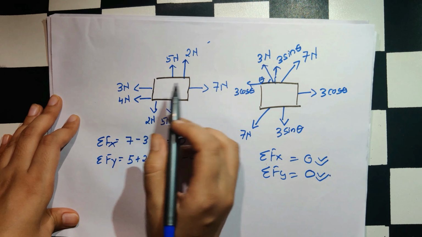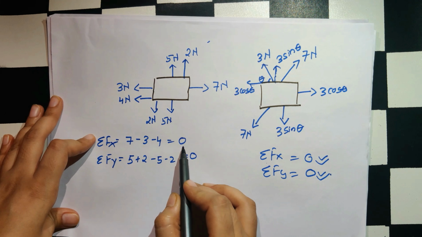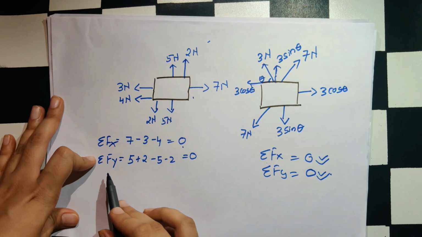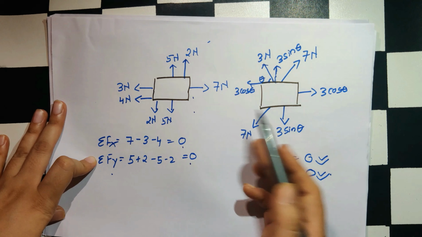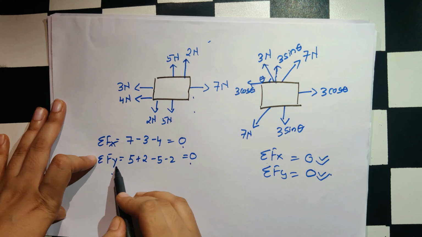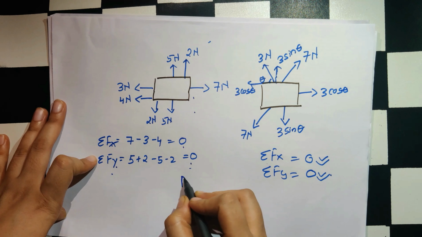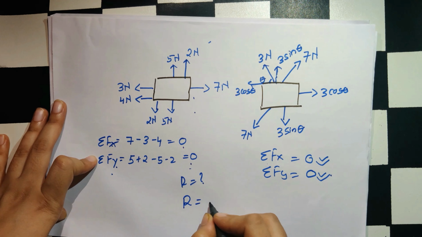Understood? And since they both will be equal, your summation Fx has to be 0 like in this condition, and your summation Fy has to be 0 like in this condition. Okay? Now guys, if your summation Fx is 0 and summation Fy is also 0, what will be your resultant? Yes, what is the formula for resultant?